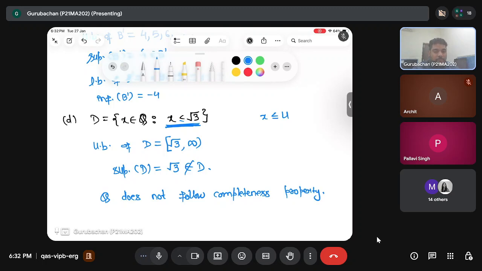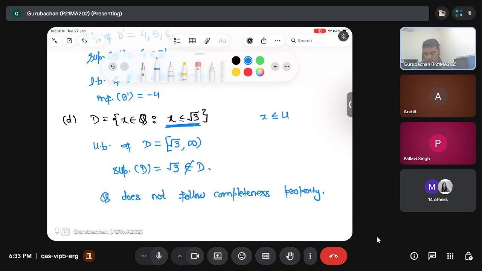Anyone? What is completeness property? Check your notes and try to recall. What is completeness property? Sir, for any given subset of R, there exists a least upper bound and a least lower bound.